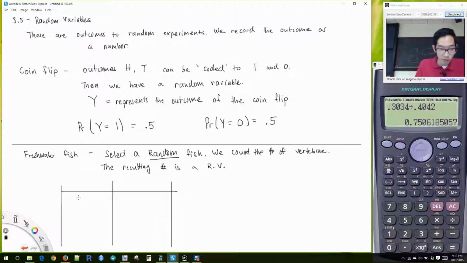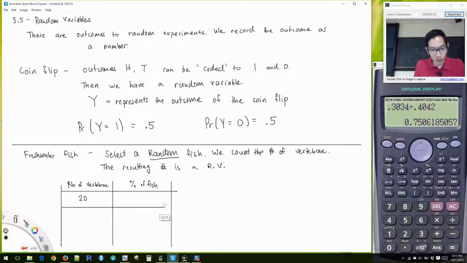Okay, so we look at the number of vertebrae. And we're going to say the percentage of fish. And somehow, again, this is a textbook example, so we're pretending we know these numbers. And apparently there's only 4 types of fish.